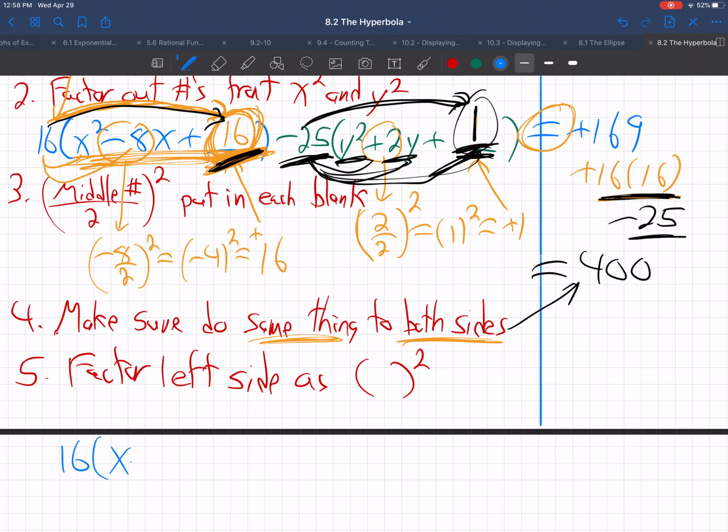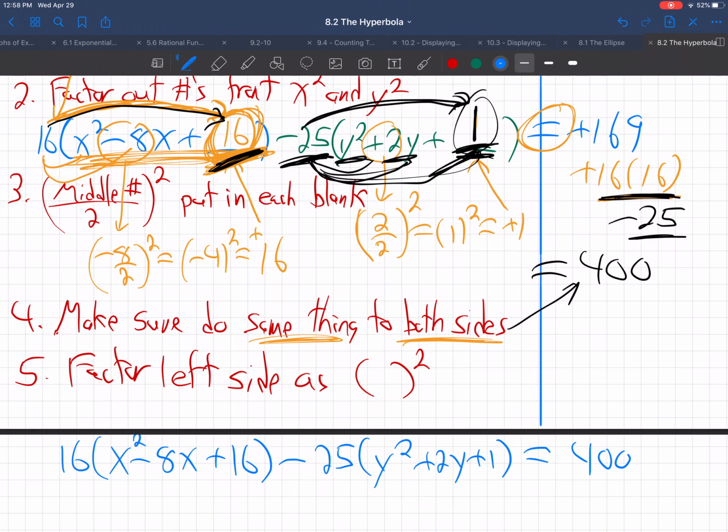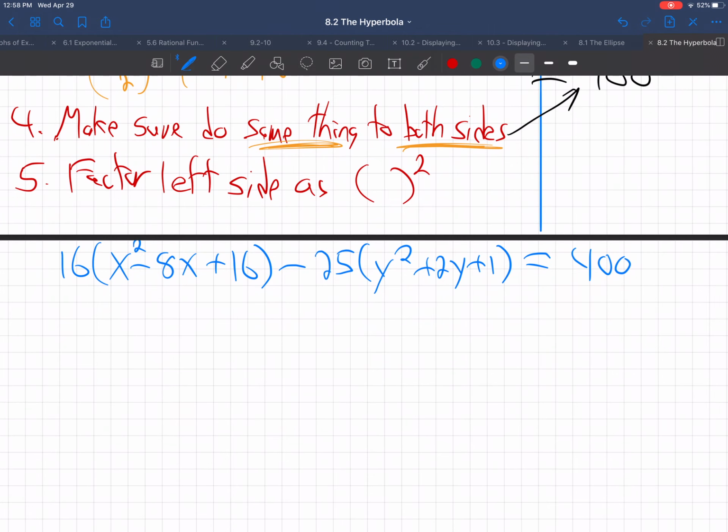We have 16(x squared minus 8x plus 16) minus 25(y squared plus 2y plus 1) equals, and now we have the 400 on the right side. Keep this little line going. Okay, so now this left side, this will factor.